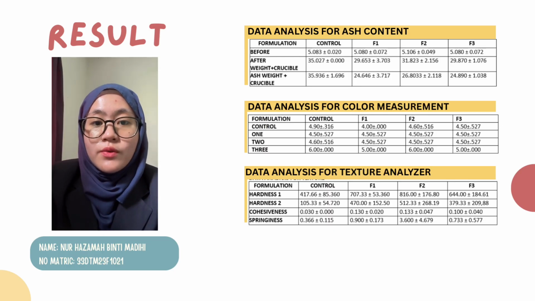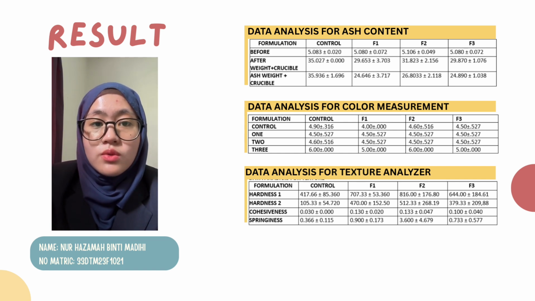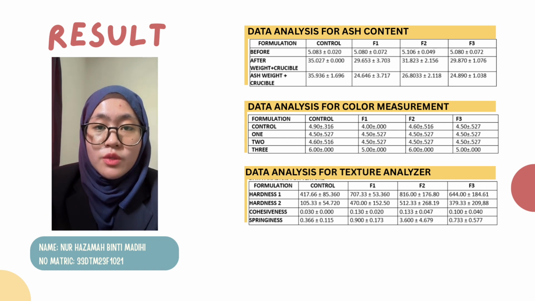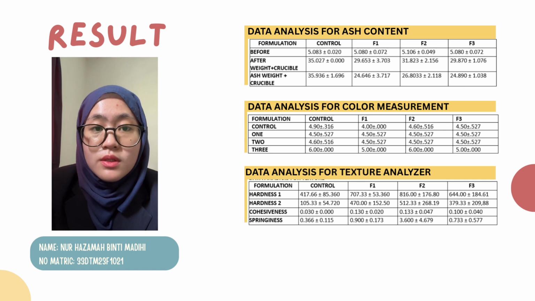For the results, we successfully obtained our ash content. The result showed that the ash value slightly increased with the addition of the syrup. This indicates that the mineral content was higher in the substituted sample compared to the control. For the color measurement, it differed between the control and substituted soft cookies.